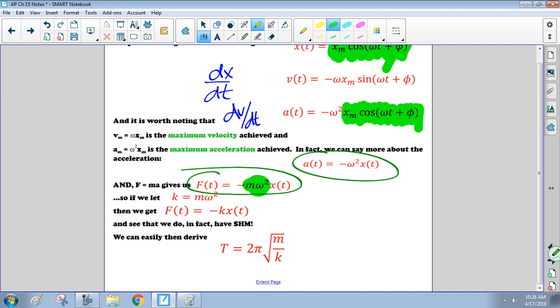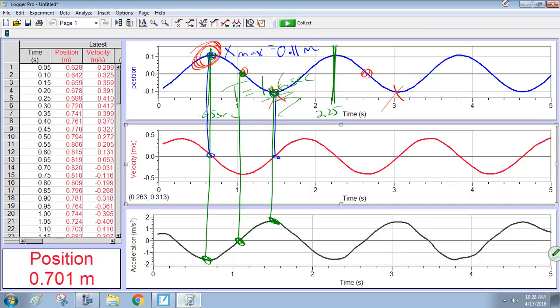All right, is everybody good, guys in back? The only jump we made was we had to assume that this was, in fact, a cosine graph. And the period of a cosine graph is constant, which means our angular frequency is constant, which means that m omega squared is constant.